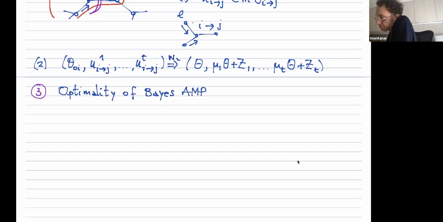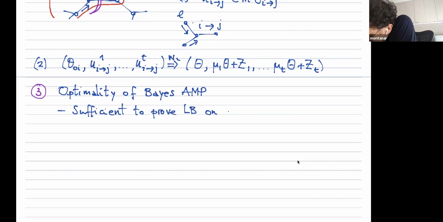And the idea is what I just said: it's sufficient to prove a lower bound on estimation, or for estimation.